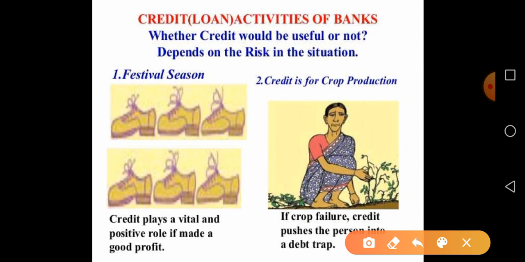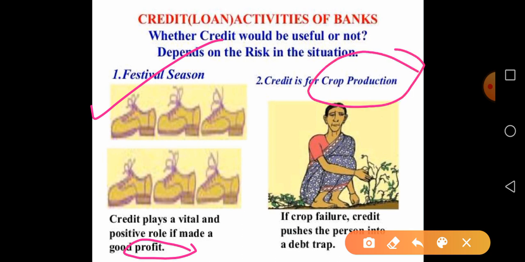Here you can see we can take loans during different festival seasons to buy products, and the bank earns a profit. We can also take a loan or credit for crop production, that is, for agricultural purposes.